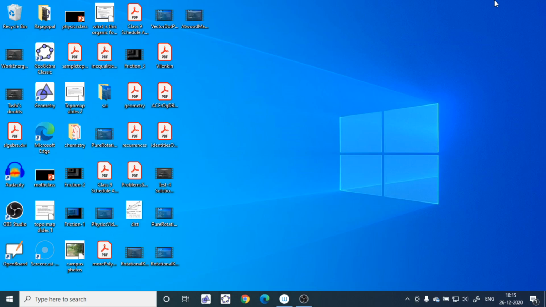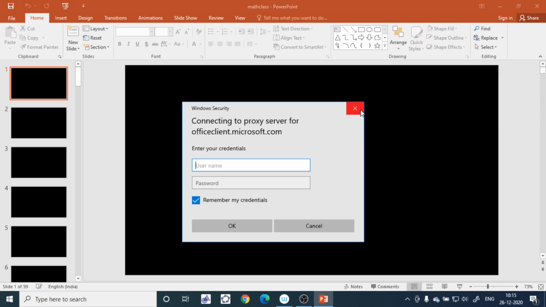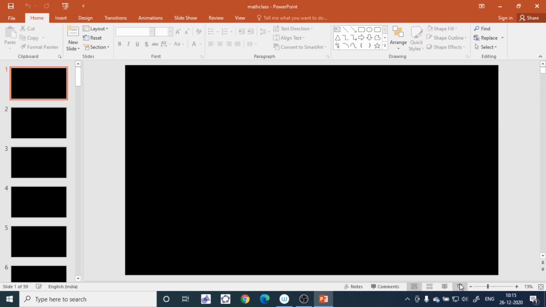Right. So we are going to start our discussion on fixed axis rotation, which is different from pure rotation. So what is fixed axis rotation? We had a discussion on this as opposed to something called pure rotation.